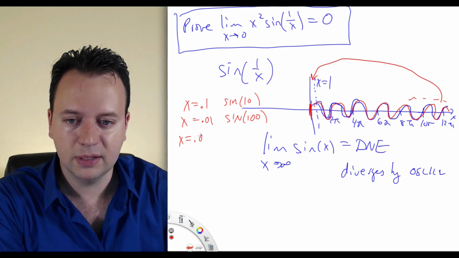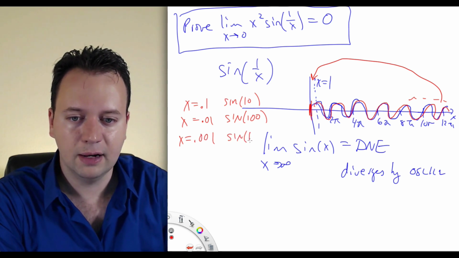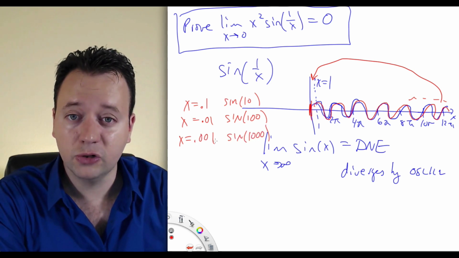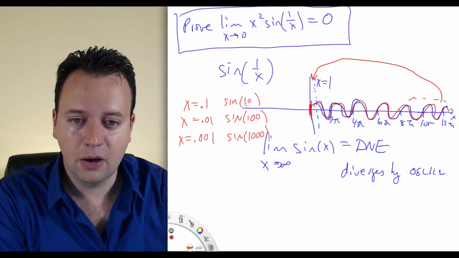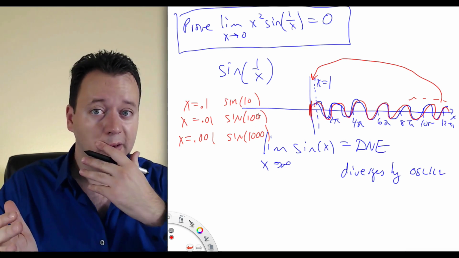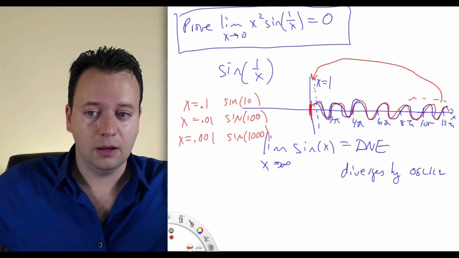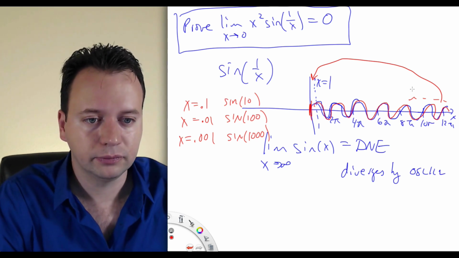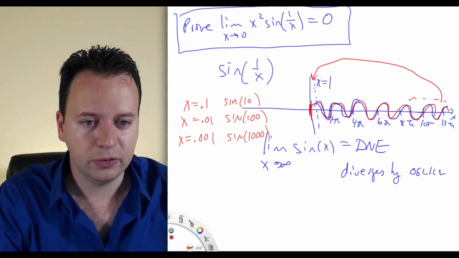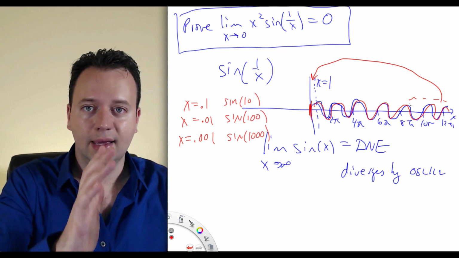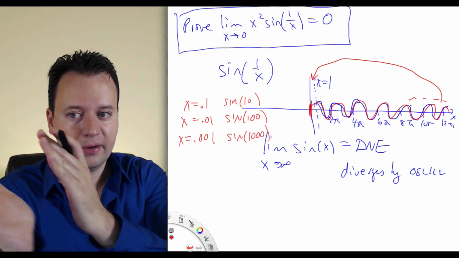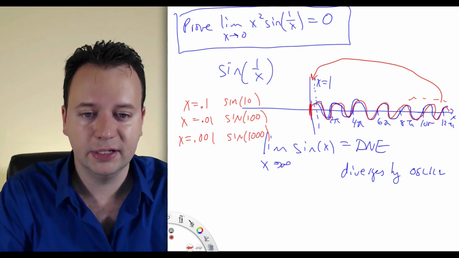When x is equal to 0.001, we get sine of 1,000. So as x approaches 0, the arguments of sine get larger and larger, and they do so at a tremendous rate. So this whole portion of the wave gets taken, turned around, and then crammed between 0 and 1.